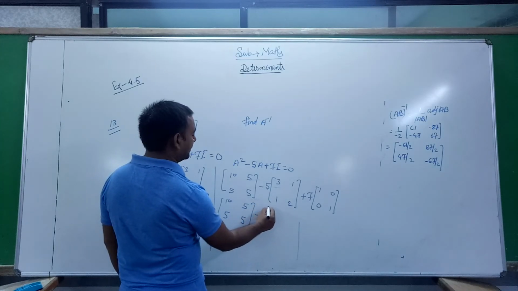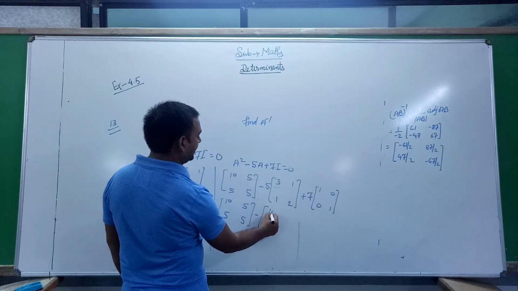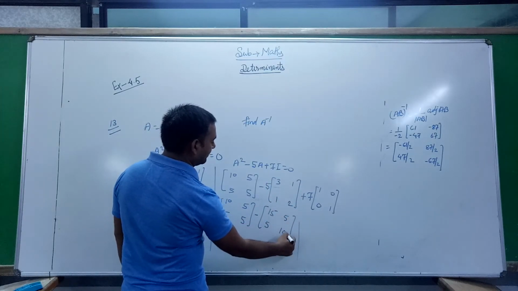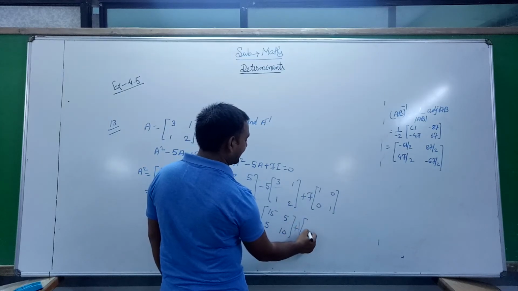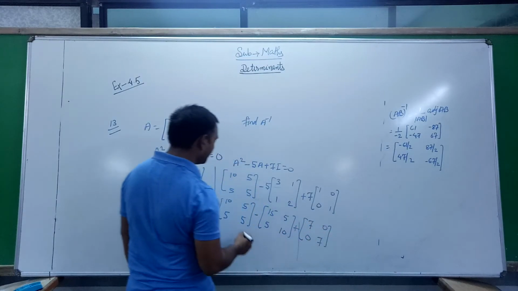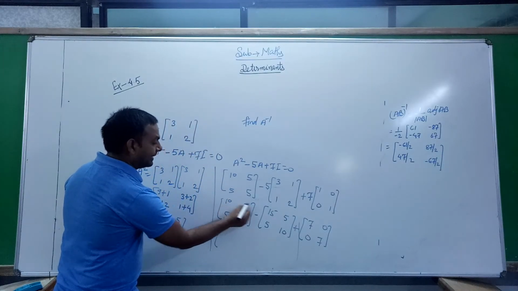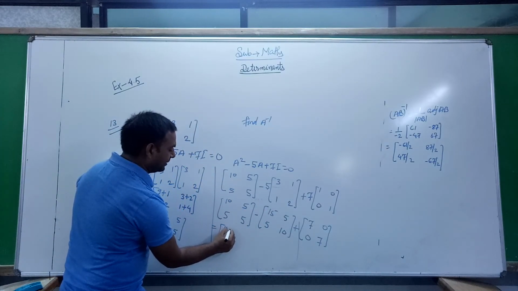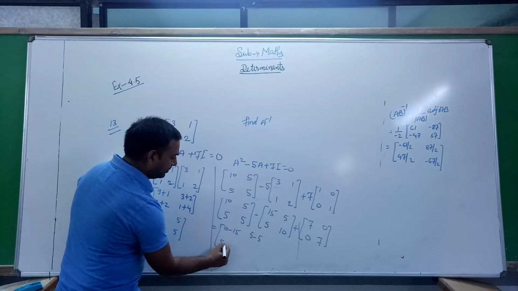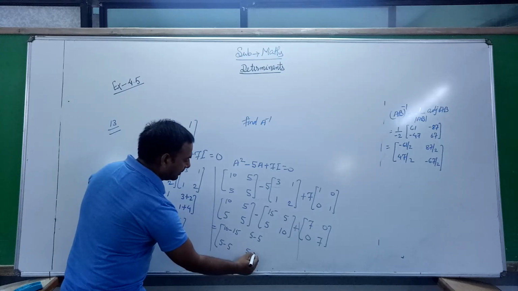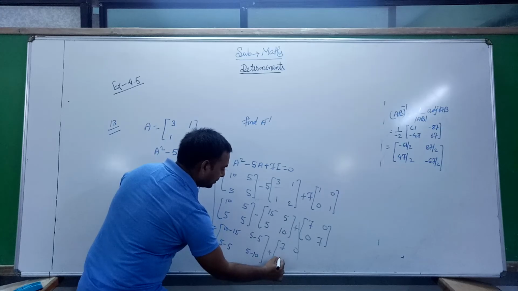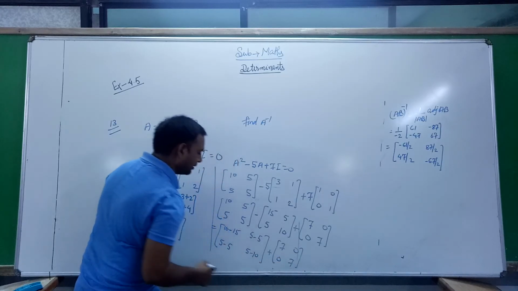You multiply with 5, so 5 3s are 15, 5 1s are 5, 5 1s are 5 and 5 2s are 10. Plus this multiplied by 7, 7, 0, 0 and 7. Then this is equal to 10 minus 15, 5 minus 5, 5 minus 5 and 5 minus 10, plus 7, 0, 0 and 7. Okay.